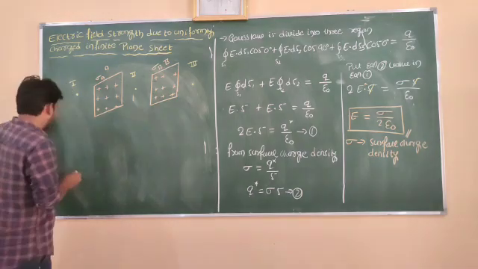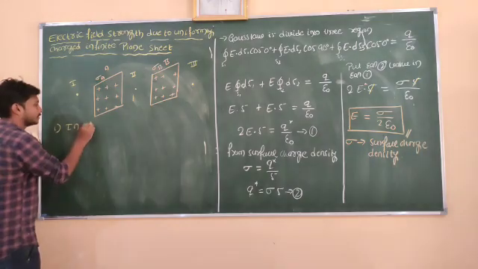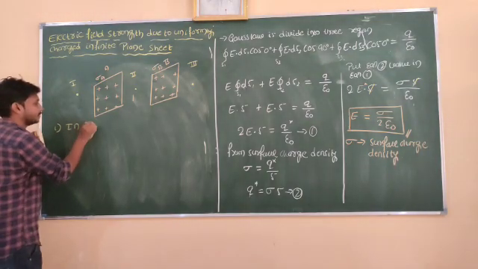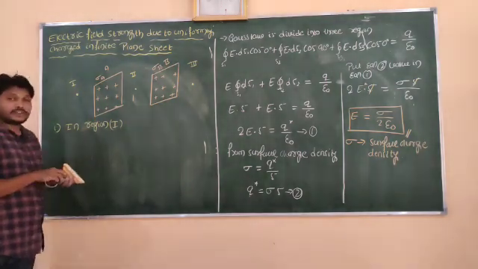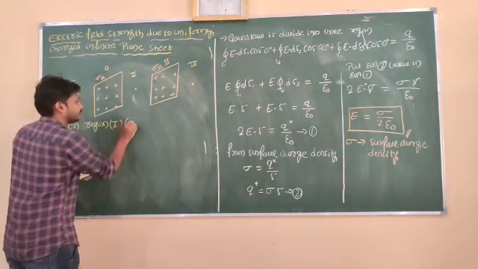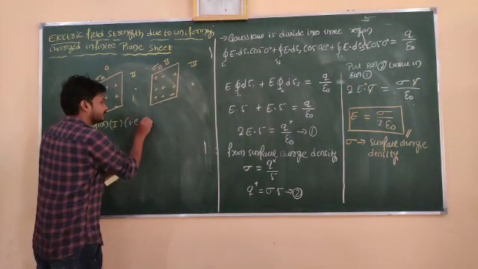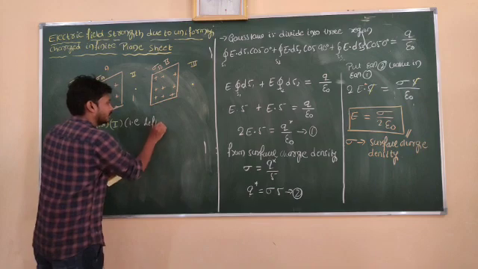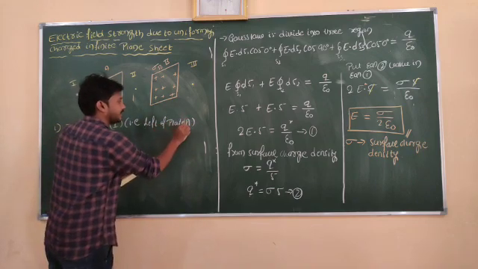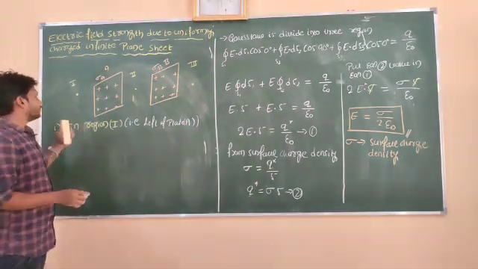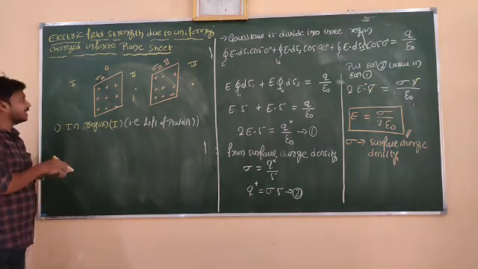For example, the electric field in region 1. Region 1 means the left side of plate A. For the left side of plate A, first let me draw the direction of the electric field lines at this point.